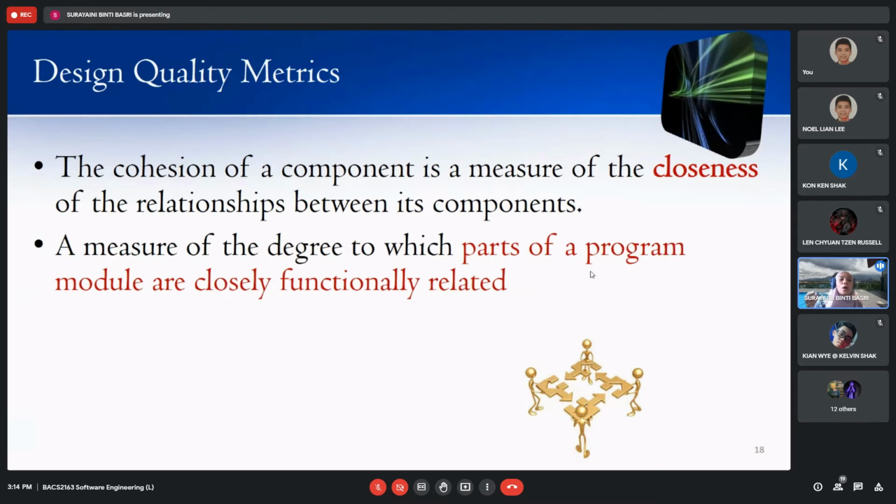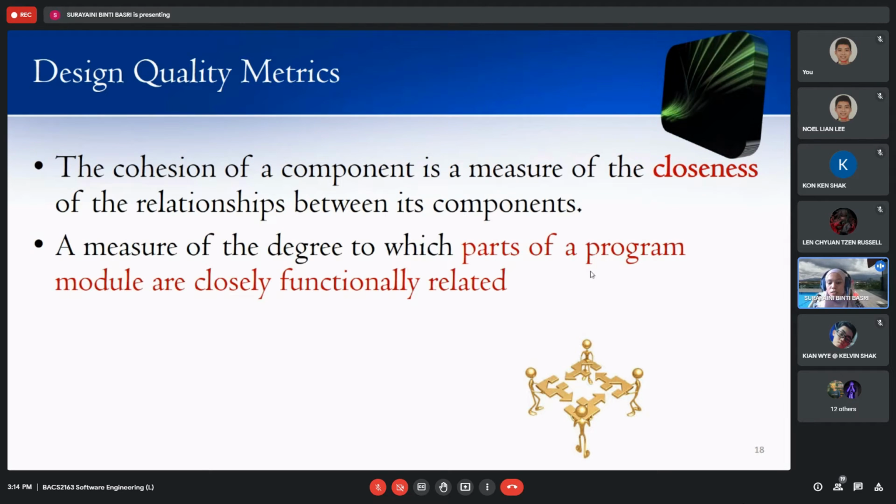So when you put those two related and relevant modules inside one subsystem, and you group all of the components inside your system correctly based on their function, meaning to say that your system has good cohesion.